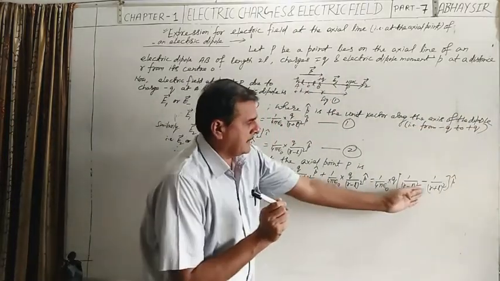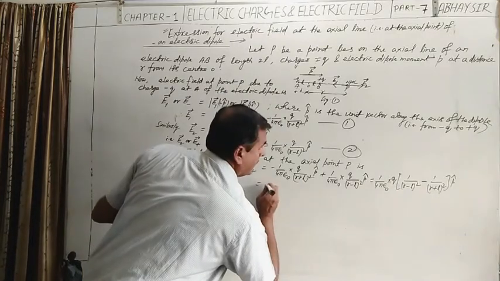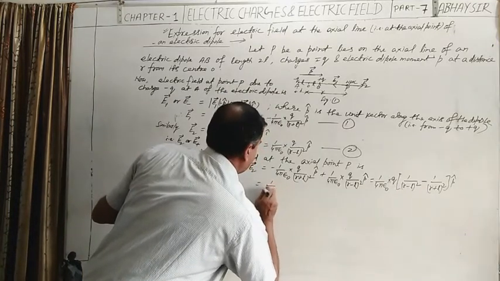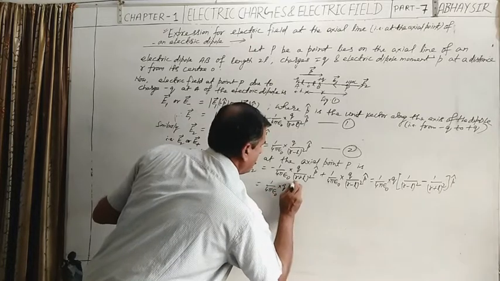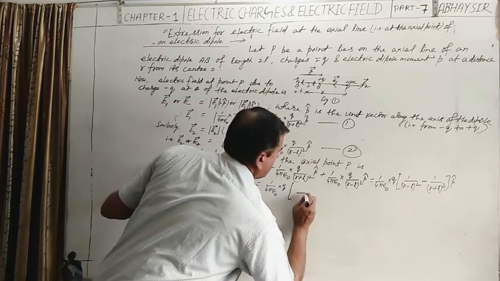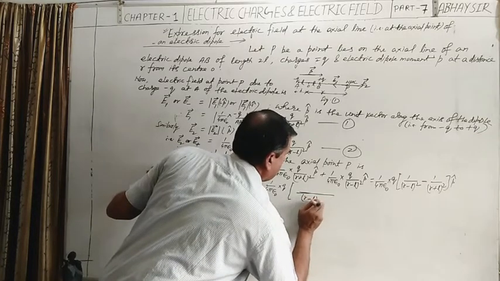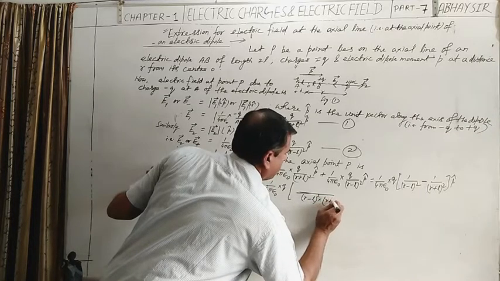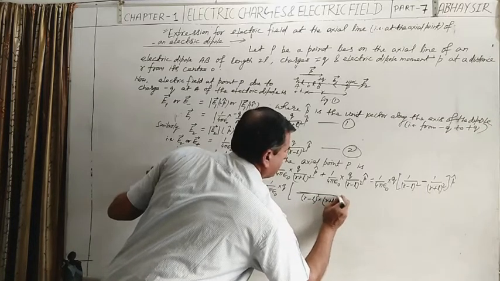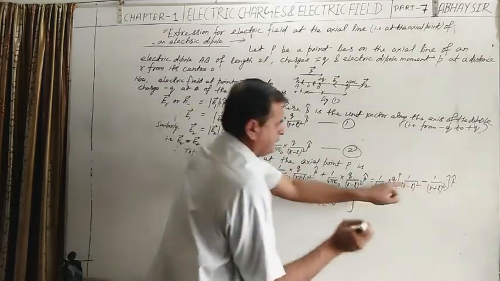Now we can take the LCM of these two terms. 1 by 4 pi epsilon naught Q, upon R minus L square into R plus L square, the LCM of these two terms.